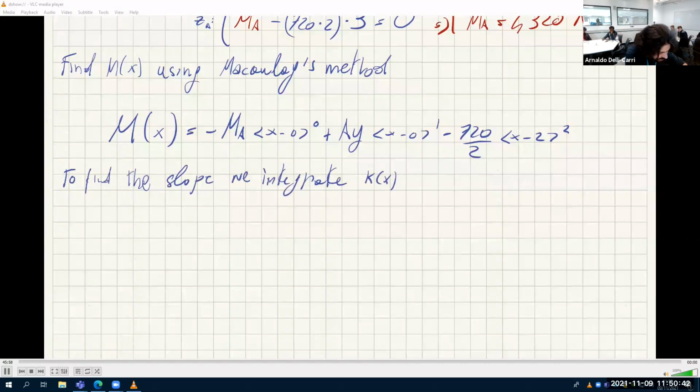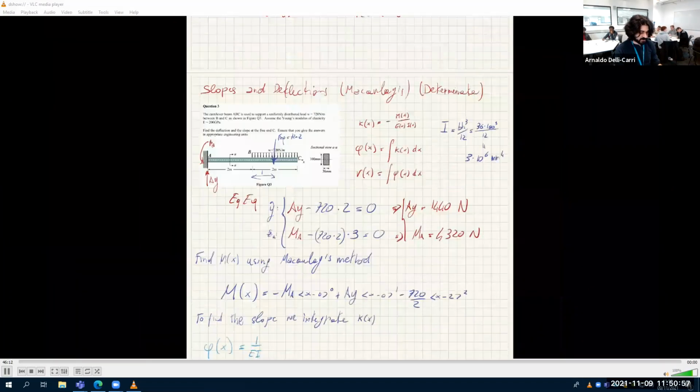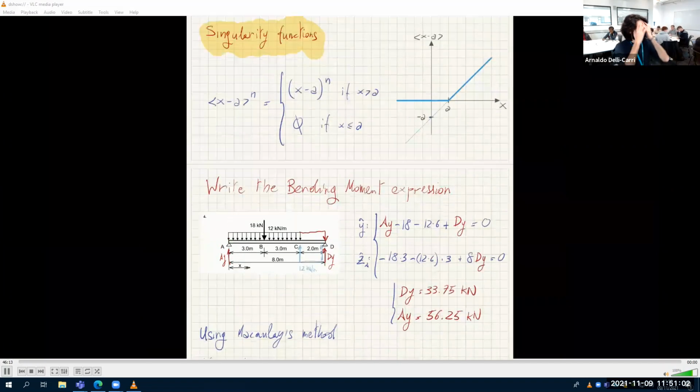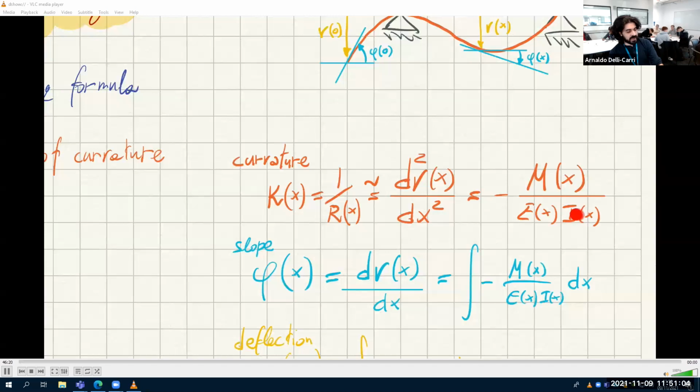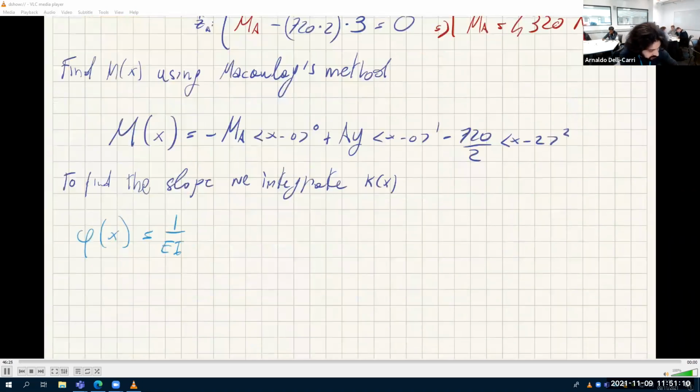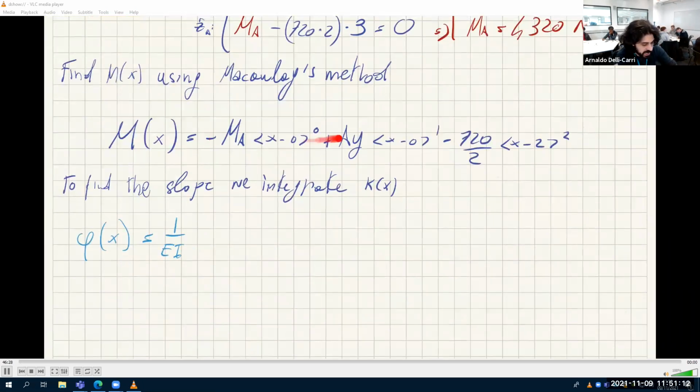So to integrate kappa of x, we say that phi of x equals 1 over EI times M of x, with the minus sign. E and I go outside of the integral sign. The negative will just change the sign of everything.